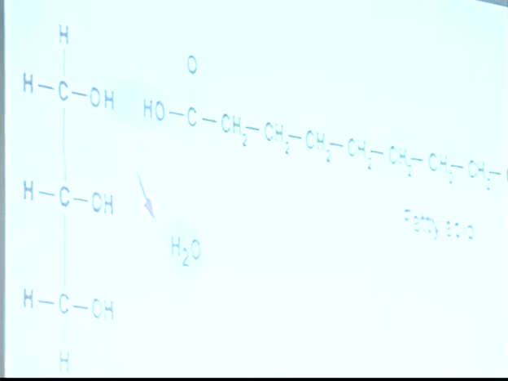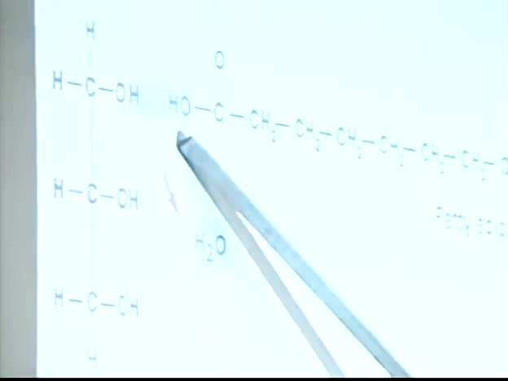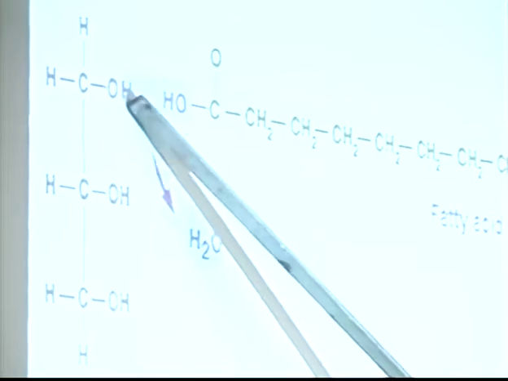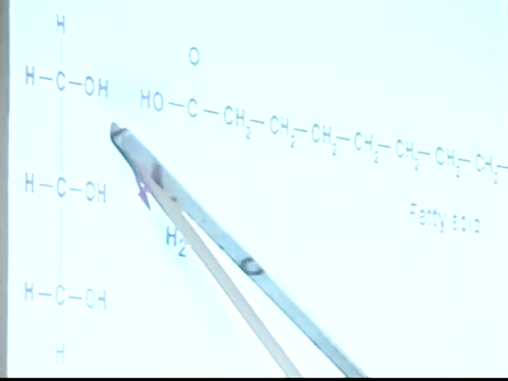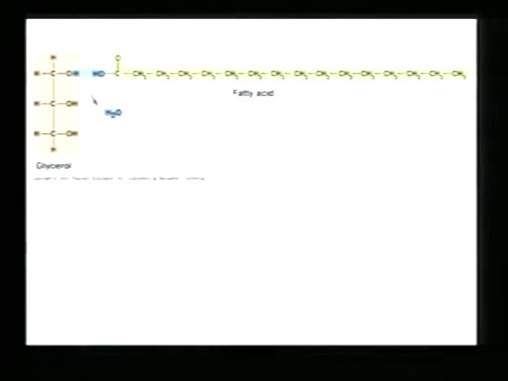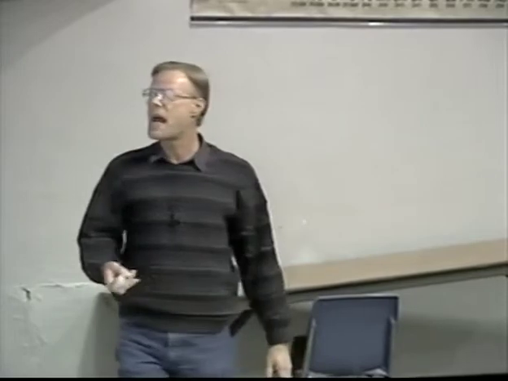When it participates in a reaction like this, however, you get that OH off the fatty acid and a hydrogen off the glycerol, and you pull that off in a classic dehydration synthesis. That produces a bond. So a dehydration reaction is going to link these molecules together.